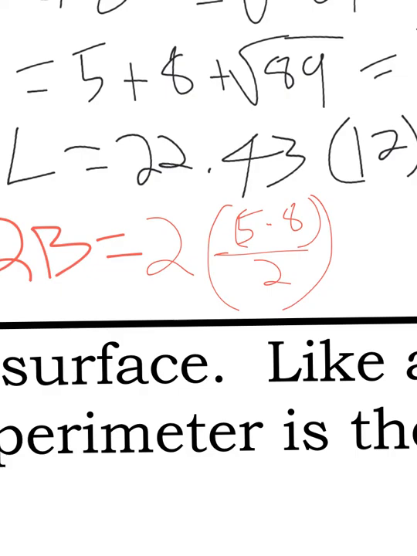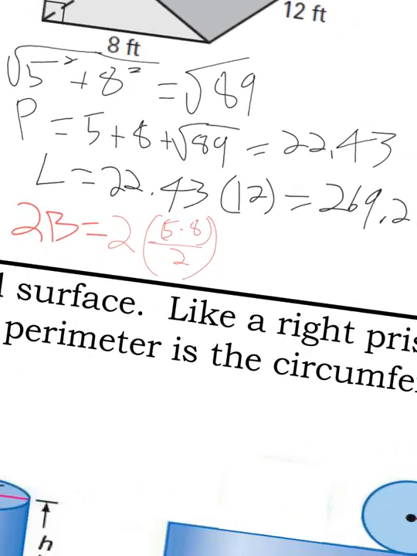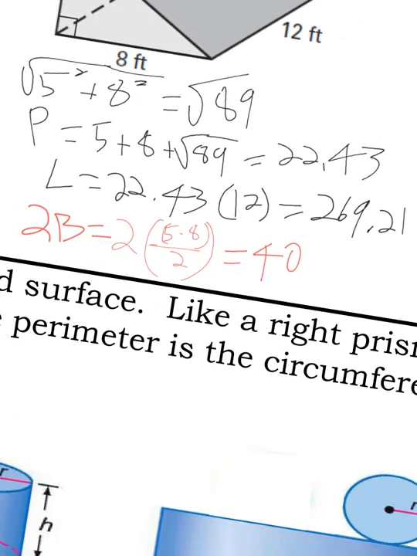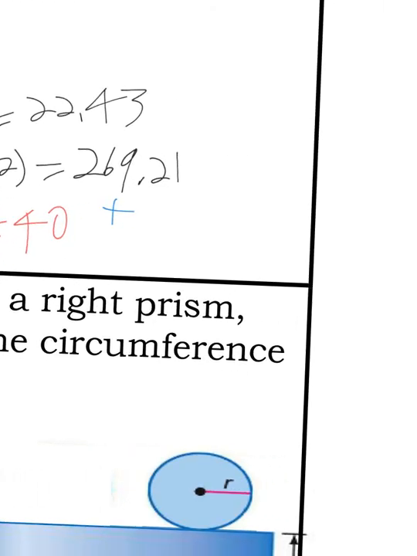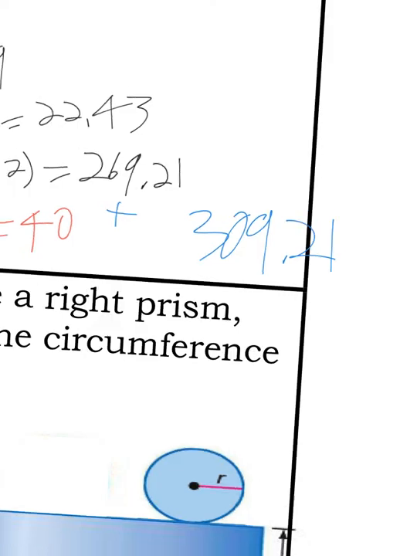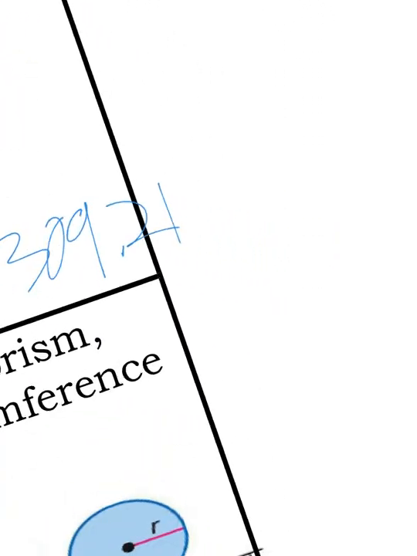So my 2b is 40. And now I know my L, I know my 2b. So I'm going to do L plus 2b, 269.21 plus 40. And you get 309.21 approximately. And then again, don't forget your units, feet squared.